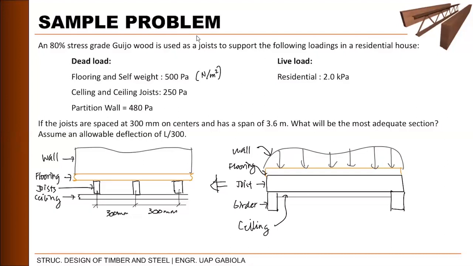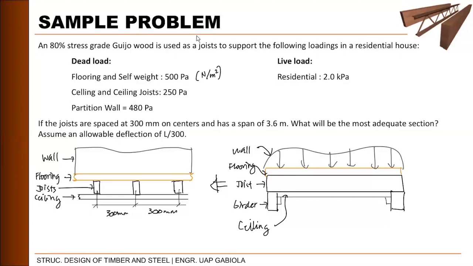Yung nakalagay na ceiling joist, siguro para to help yung stability ng ceiling natin, pwedeng maglagay dun sa corners ng mga joist, no? As support. Kaya meron siyang nakalagay na weight for ceiling joist. Okay? Ayan. So, yan yung system natin.